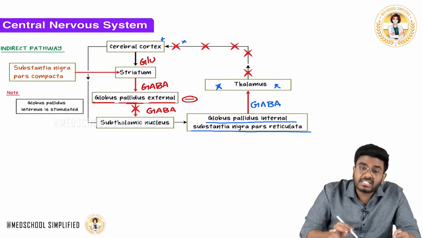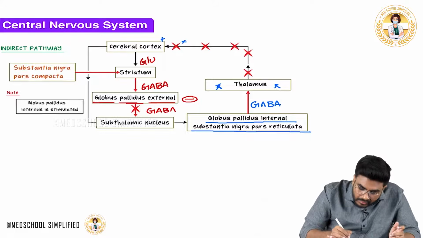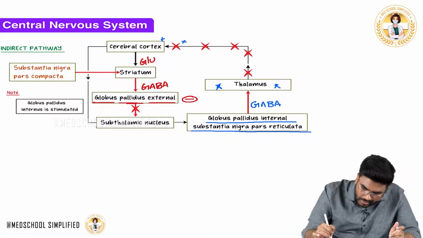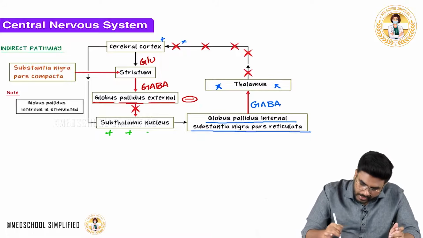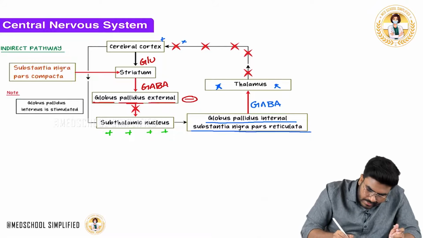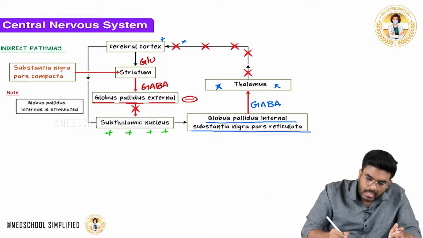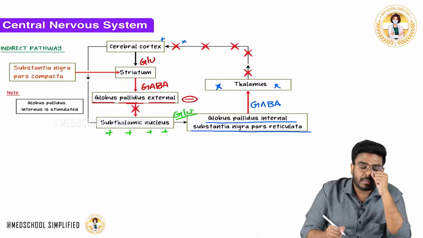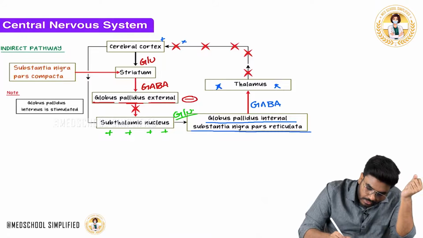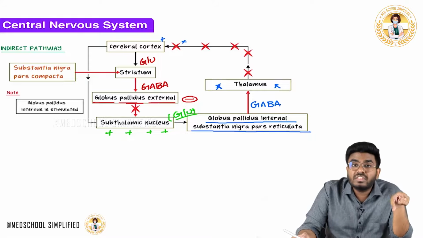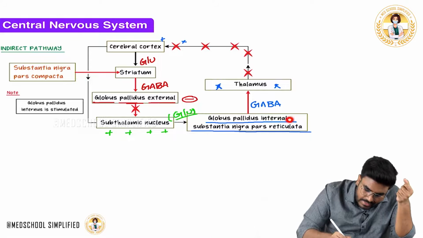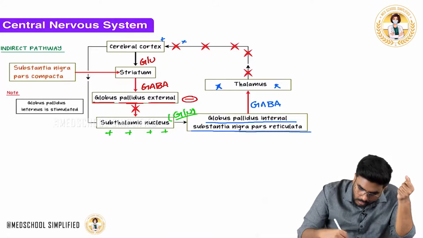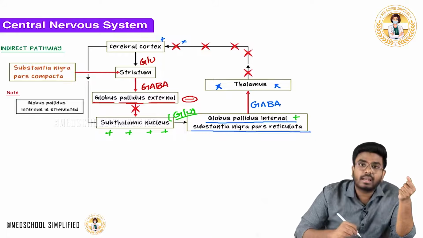When it is inhibited, it is not going to release GABA. Whenever GABA is not there, what happened to the subthalamic nucleus? It is activated. Now what will it do? It will produce glutamate, and release it onto the globus pallidus internus.